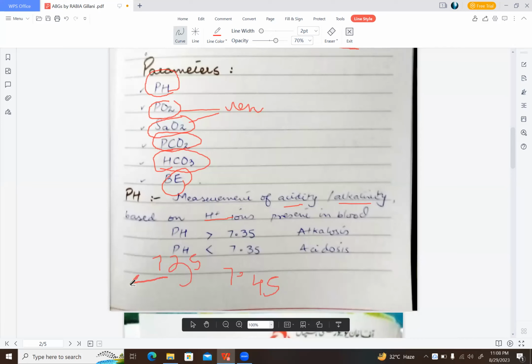Below 7.35 is acidic, and above 7.45 is basic, that is alkaline. That is alkalosis, and below is the acidosis.